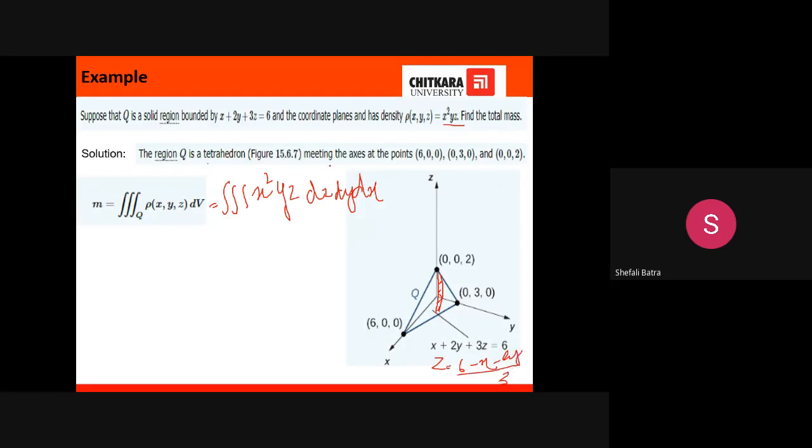Right? These coordinate planes are given to you. X is equal to 0, y is equal to 0 and z is equal to 0. Z is equal to 0 means the xy plane. Y is equal to 0 means the xz plane. X is equal to 0 means the yz plane. Right? So the limit of z would be 0 to (6 minus x minus 2y) upon 3.